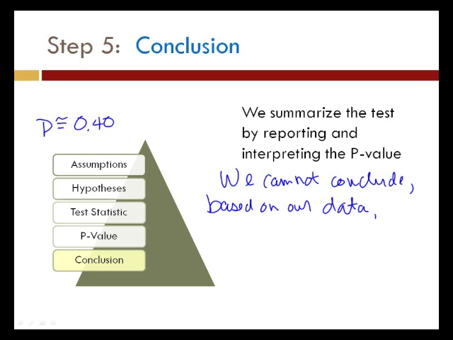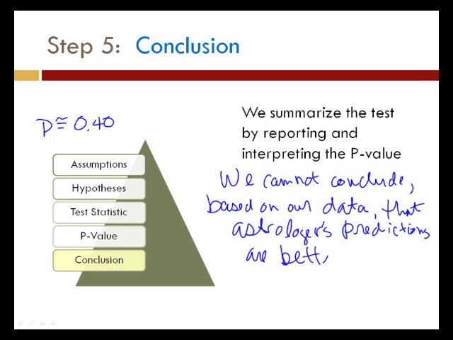So we cannot conclude based on our data that astrologers' predictions are better than guessing. Any questions on that? Does that make sense?